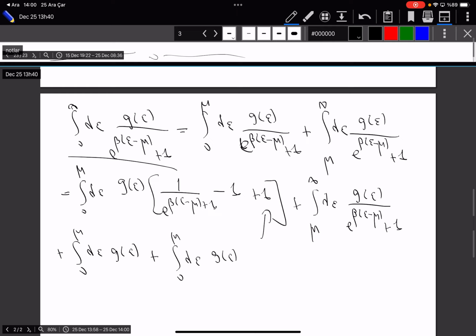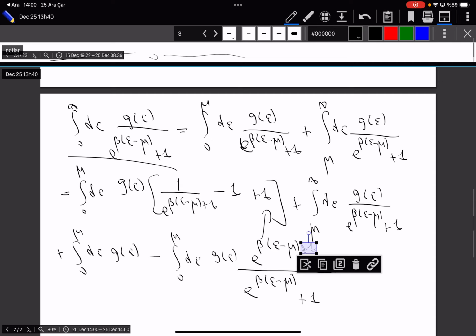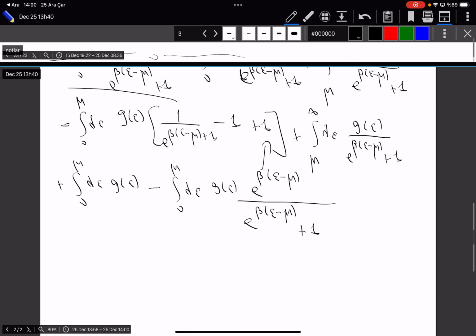If I subtract that 1, this becomes a minus sign, 1 divided by e to the power beta epsilon minus mu plus 1, plus the integral from mu to infinity d epsilon g of epsilon.